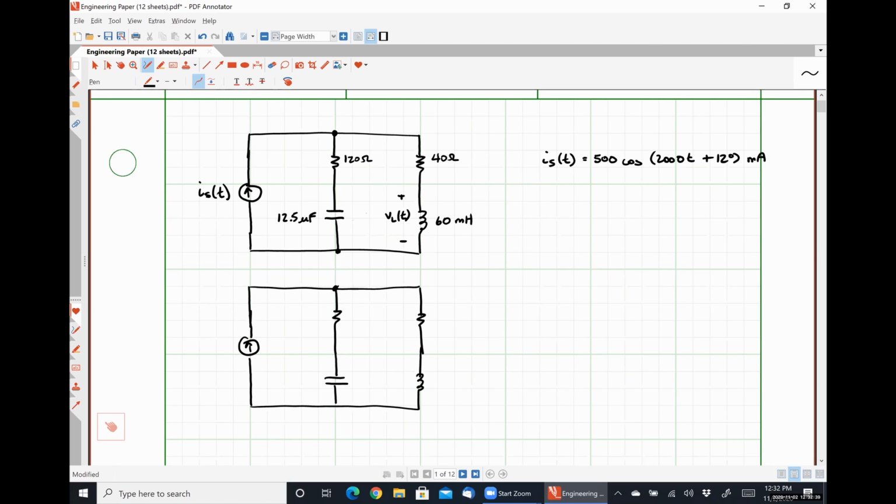The first thing I'm going to do here is convert my voltages and currents into their frequency domain representation. So if we have a time domain current of 500 cosine 2000 t plus 12 degrees milliamps, what is its frequency domain or phasor representation?